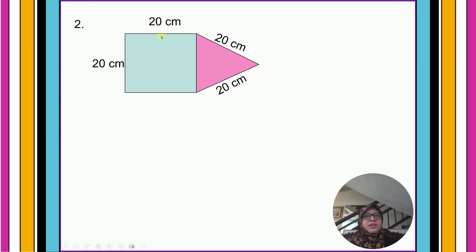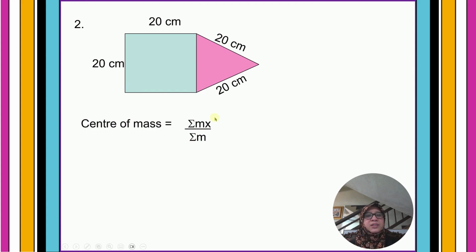So we label the sides. The square has 20 centimeter each side, and the equilateral triangle is also 20 centimeter, all sides the same length.